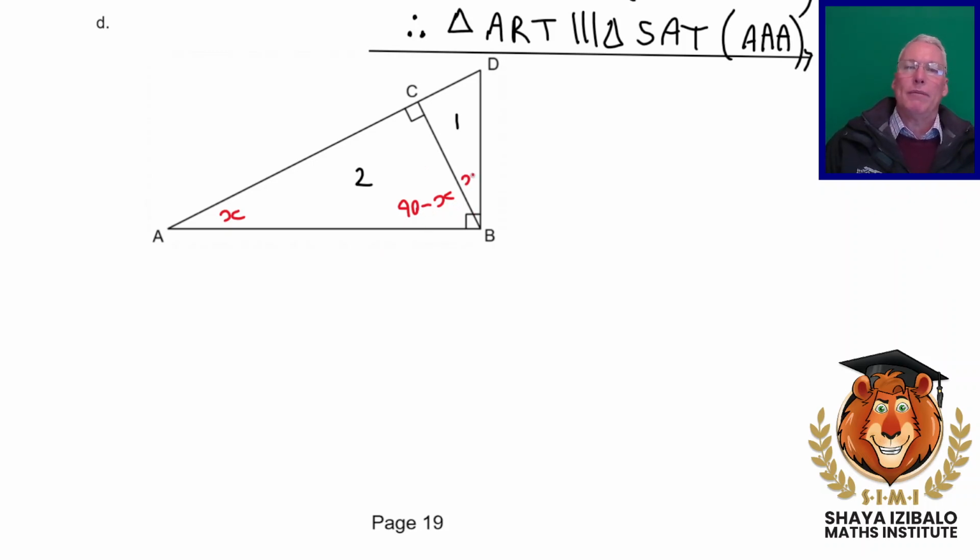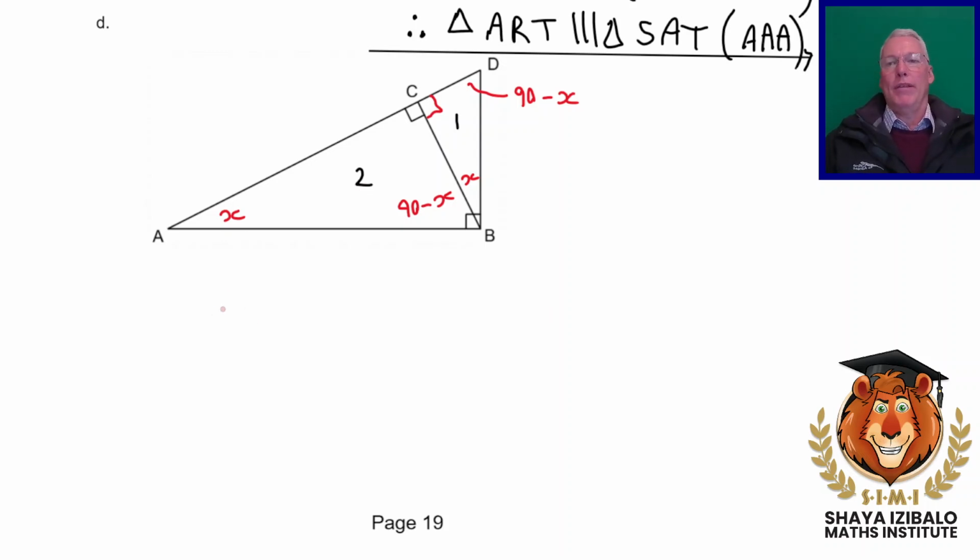So this little piece must be X for these two to add up to 90. Now here we've got a 90 and an X. So this one here must be 90 minus X. And so if we look at the three triangles, each of them has got an X, a 90, and a 90 minus X. So in fact, all three of them are going to be similar.